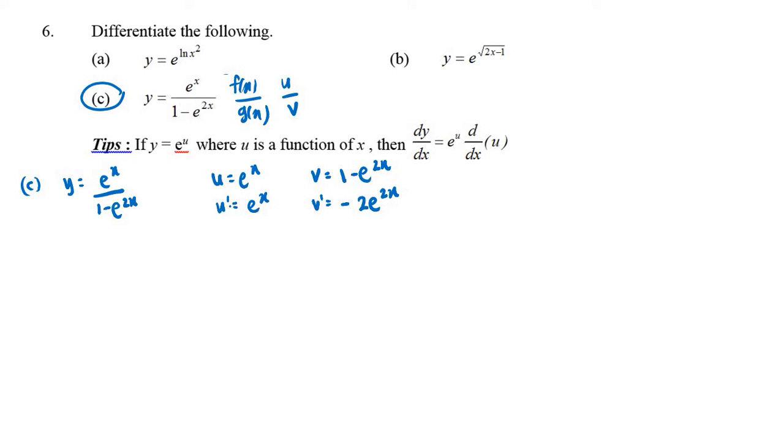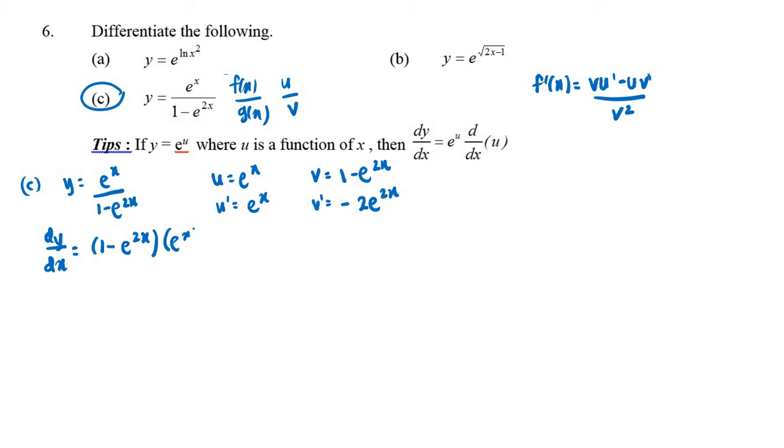Okay, so when we have it in this form, now untuk yang ni kita kena apply quotient rule, right? So for quotient rule, f prime of x equals to vu prime minus uv prime over v squared. Okay, so now our f prime x or dy dx is actually equals to, so we're going to take v over here. So we have our v is 1 minus e to 2x, and then times with our u prime.